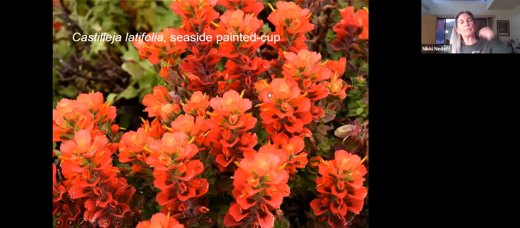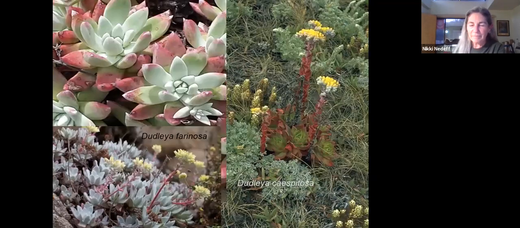We'll talk more about paintbrushes in a minute, but these really interesting orange bracts that characterize all the Castilleja, all the paintbrushes, are indicative of plants that are called hemiparasitic. They partially parasitize other plants. They don't have a lot of chlorophyll. They can make their own food because they have a little bit of chlorophyll, but they don't have a lot. So they parasitize other plants.